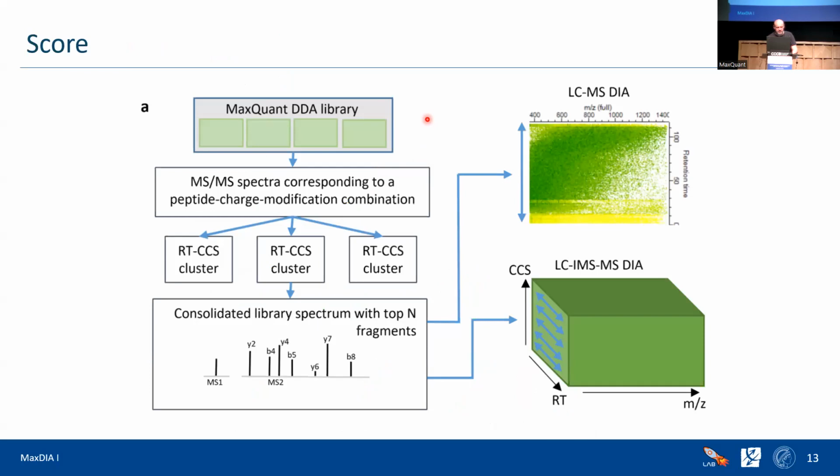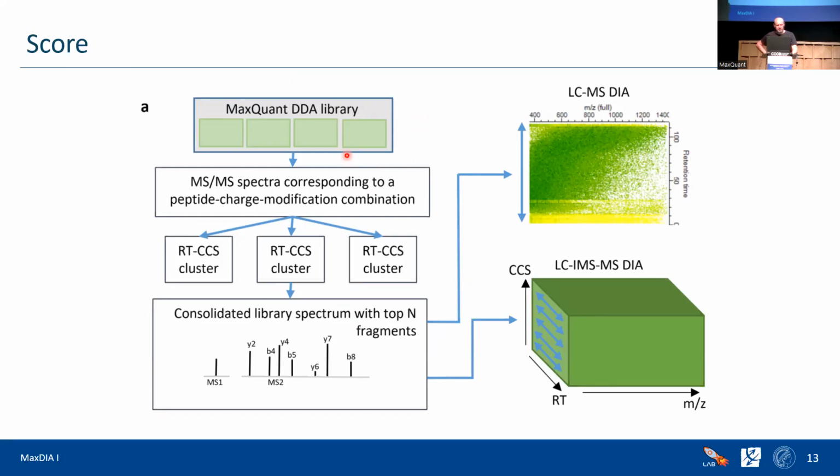So the next thing is then, how do we actually generate the library? So we just read the output of the DDA MaxQuant, the generated library, and we use the peptides, evidence, and MSMS file from there.